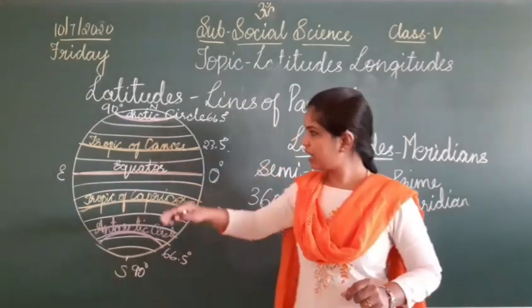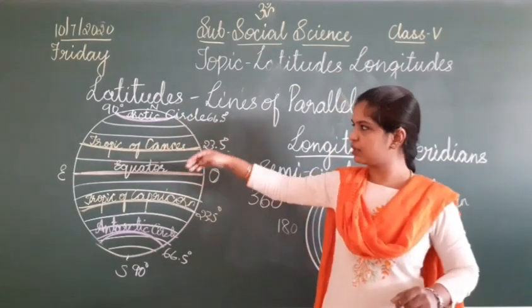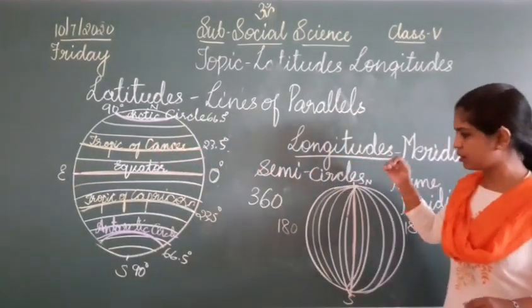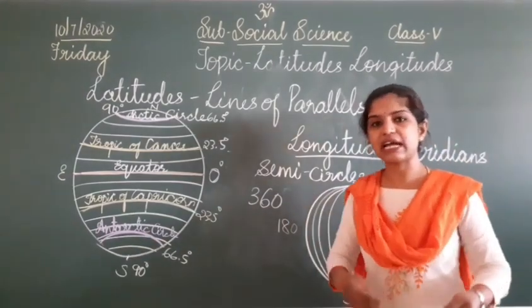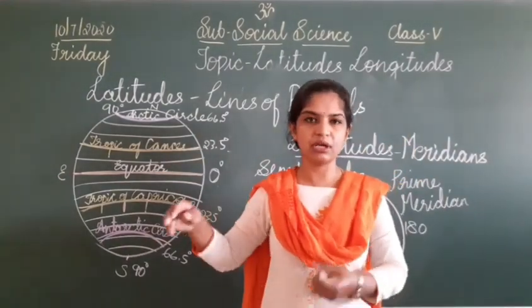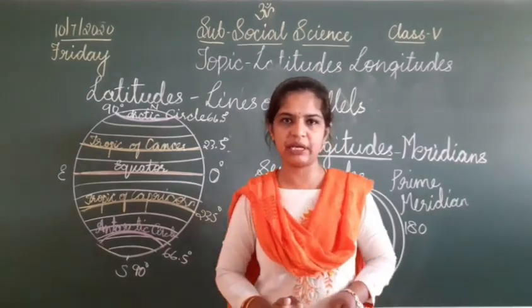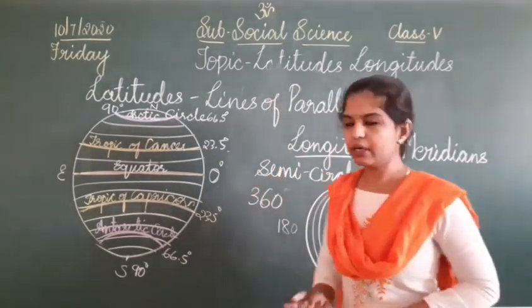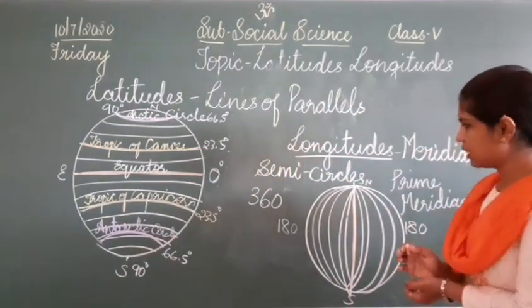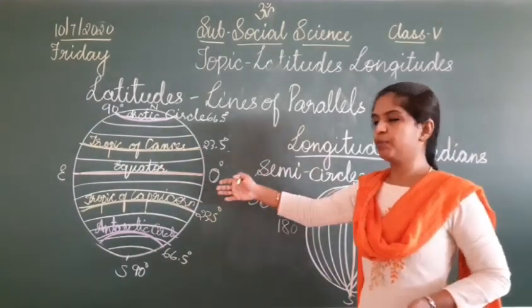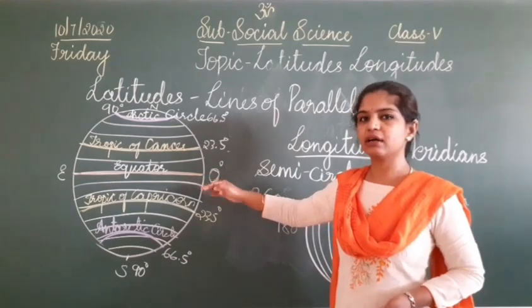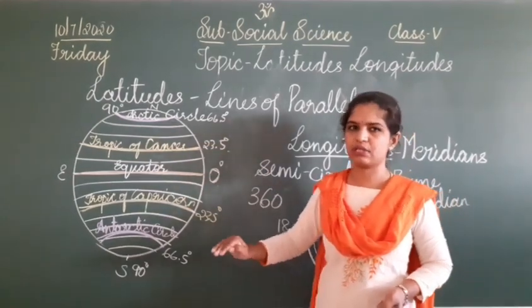Now, we have understood latitudes, we have also understood longitudes. We have to understand what we are going to know about the earth with these imaginary lines. Got it? Latitudes help us to divide the earth into different heat zones.